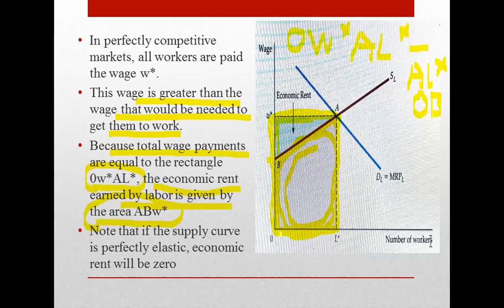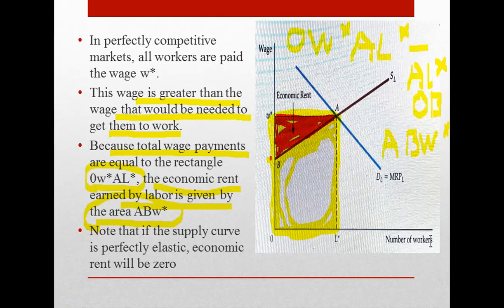When you deduct this total minimum wage bill from the total wage payments, you get this area, ABW star. This ABW star is the economic rent. This area is known as the economic rent.